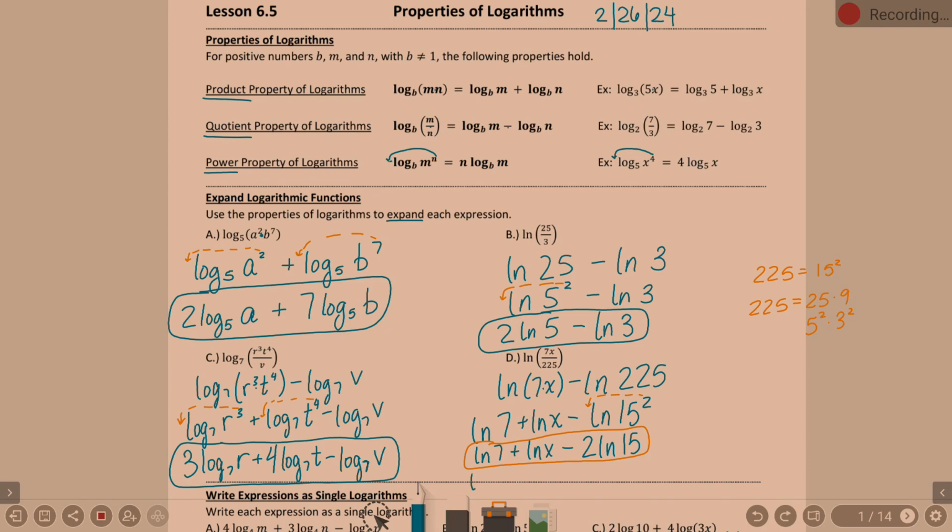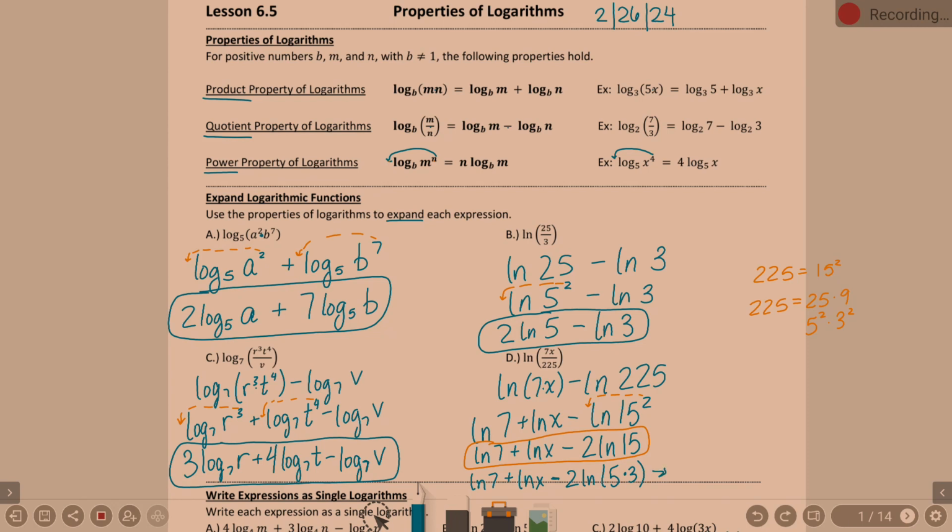So if this is natural log of 7 plus natural log of x, what you can do here, 2 natural log of, whoops, 5 times 3, I could break that into 2 separate logs there. Now, technically, I shouldn't do it with the 2 out front, but we've already hit that point.